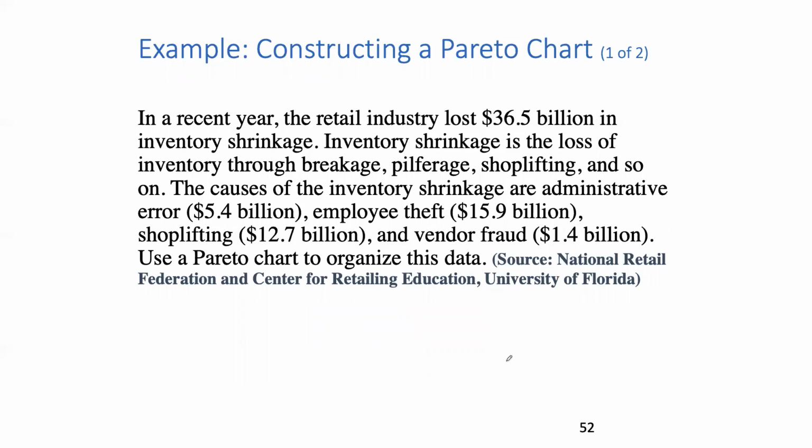Again, it's a real world data set, and the retail industry has lost about $36.5 billion in inventory shrinkage, and they managed to figure out the causes of inventory shrinkage. $5.4 billion was due to administrative error, $15.9 billion was due to employee theft, shoplifting accounted for $12.7 billion worth of loss, and vendor fraud accounted for about $1.4 billion of this loss.